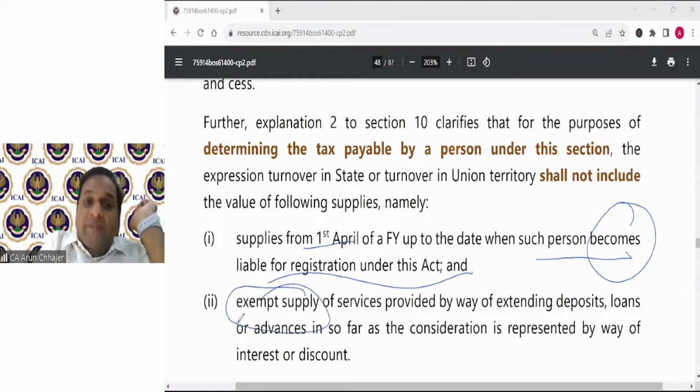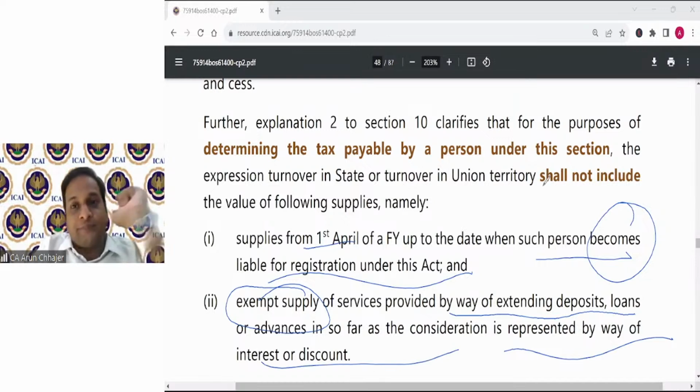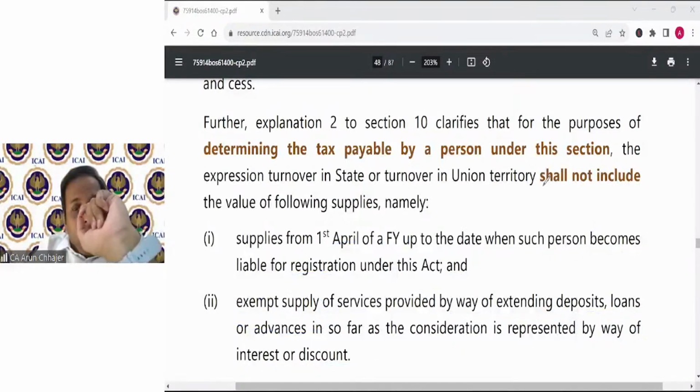Then they are saying exempt supply provided by way of extending deposit, loan, or advances, insofar as it is represented by way of interest or discount. Now I can say interest is neither being added in the aggregate turnover to calculate the eligibility.